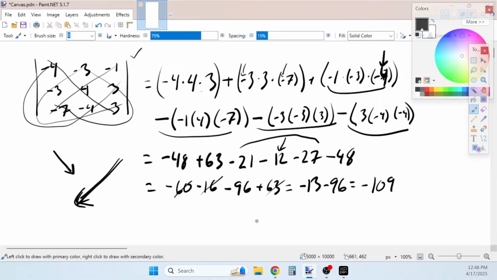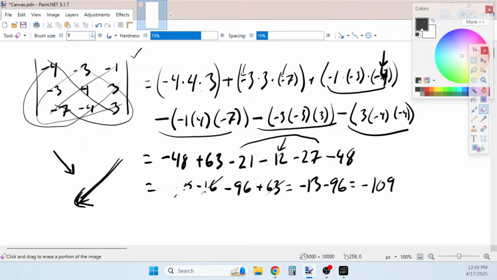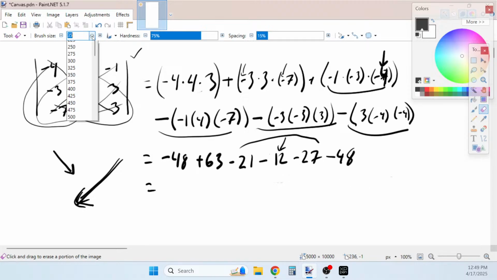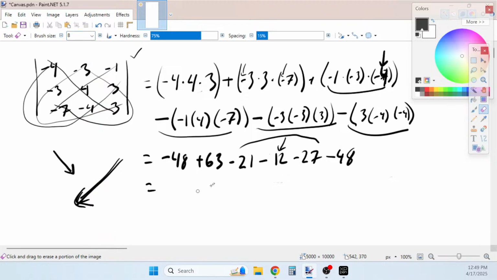Okay. And rather than try and fix it, we have negative 48 plus 63.